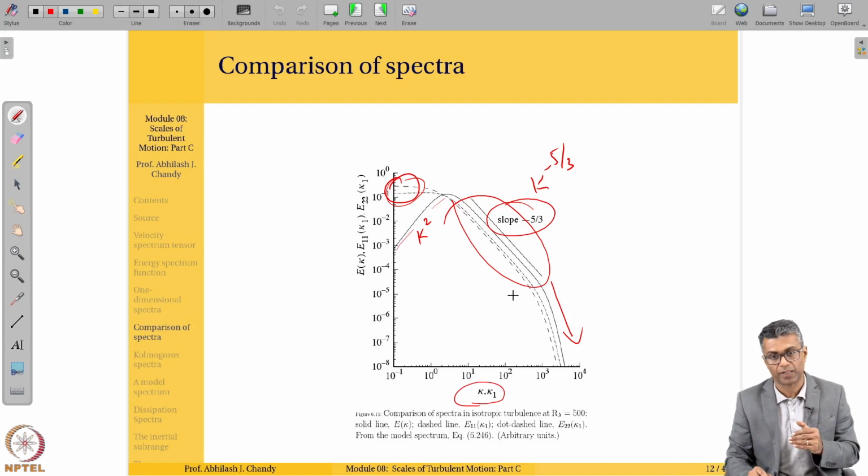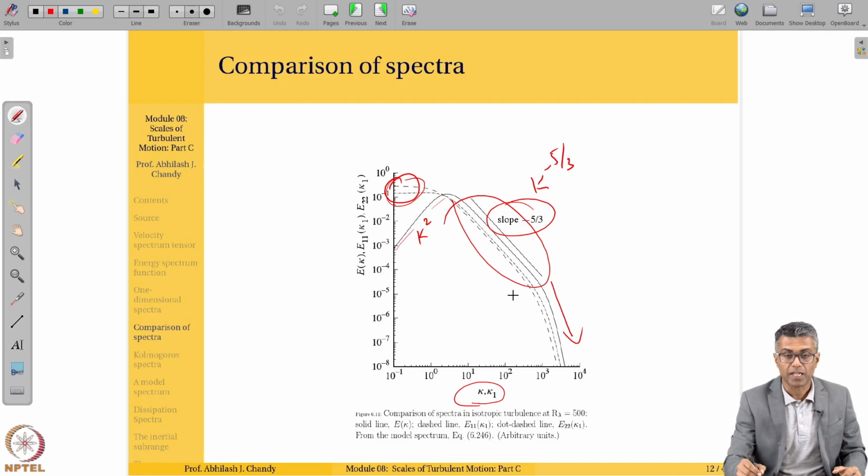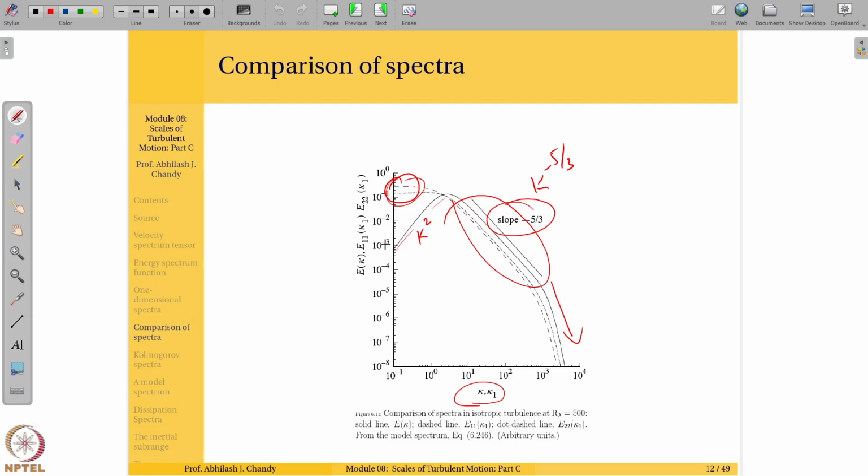So that's the minus 5/3. Then they decay much faster at high wave numbers. And at low wave numbers, they vary as kappa squared. So I hope this is clear now. So in the next class, we will deal with the model spectra and focus more on the E of kappa. Thank you.